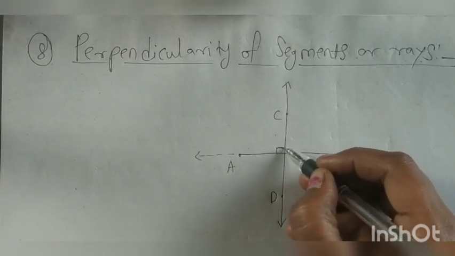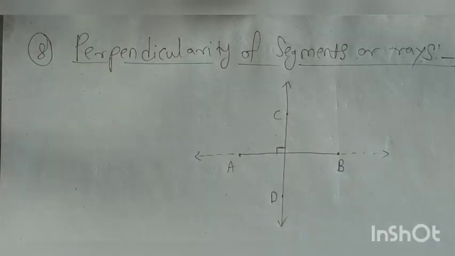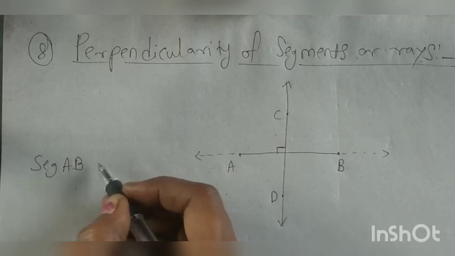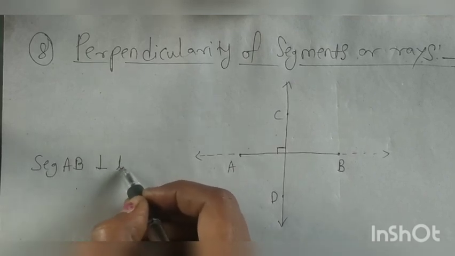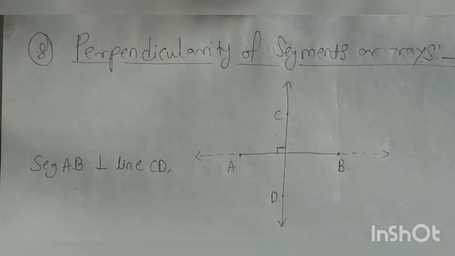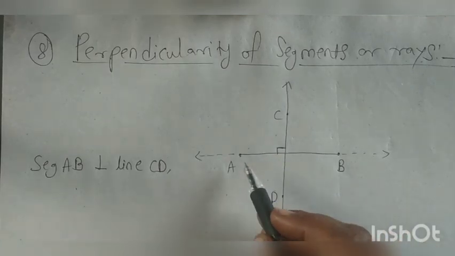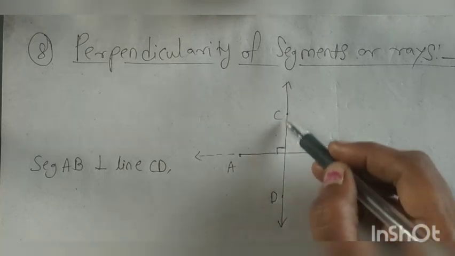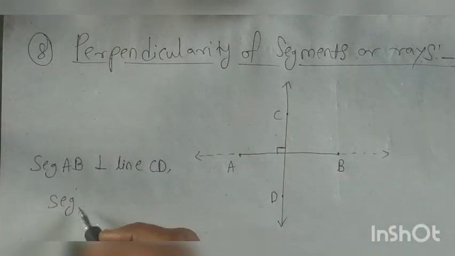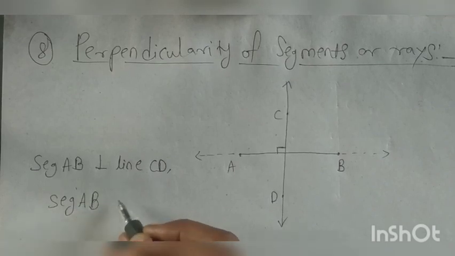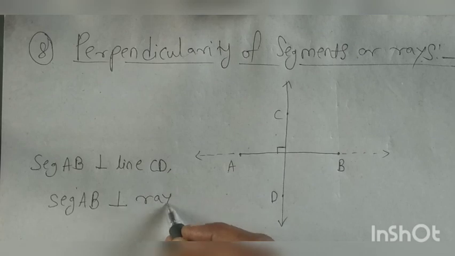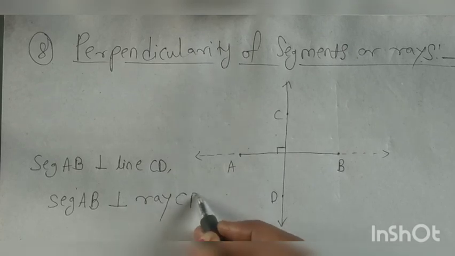Perpendicular means making an angle of 90 degrees. You can also write segment AB is perpendicular to ray CD.